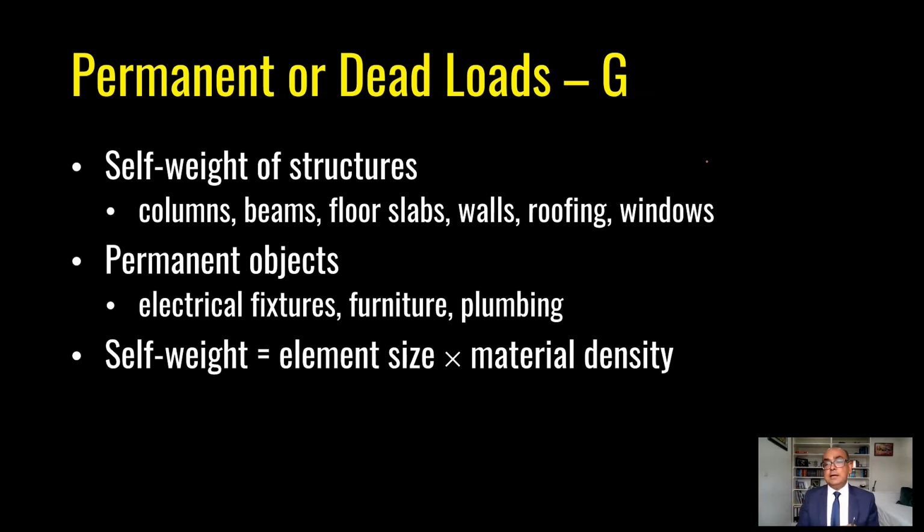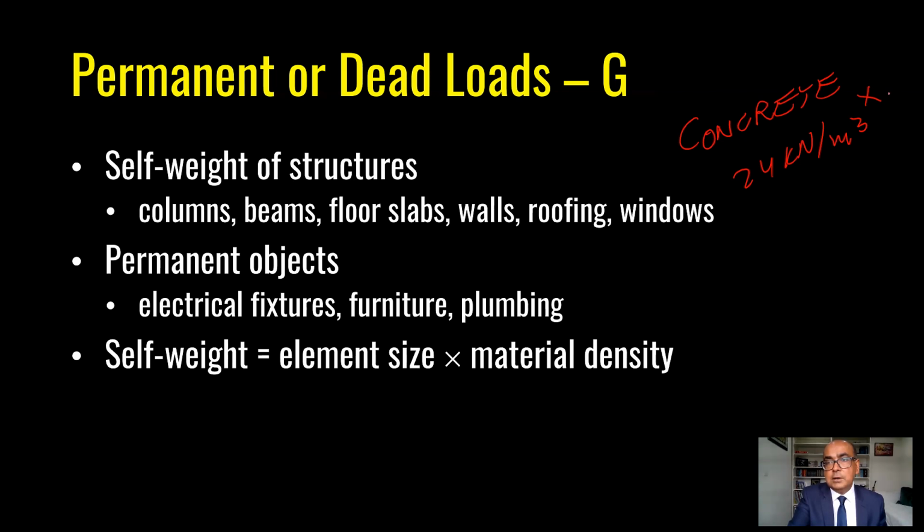So for example, if I have a concrete foundation, its density is going to be 24 kilonewton per meter cube. If I multiply it with the area of the foundation, which can be 0.6 times 0.3, I will get something like 4 point something kilonewton per meter of that foundation.